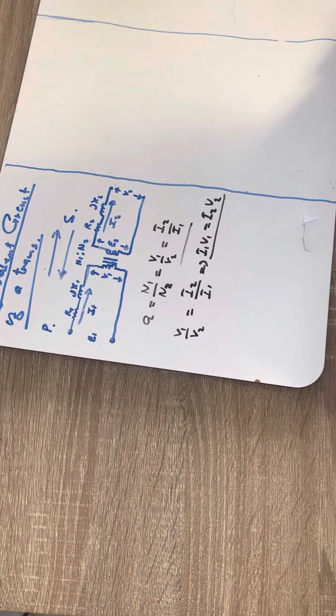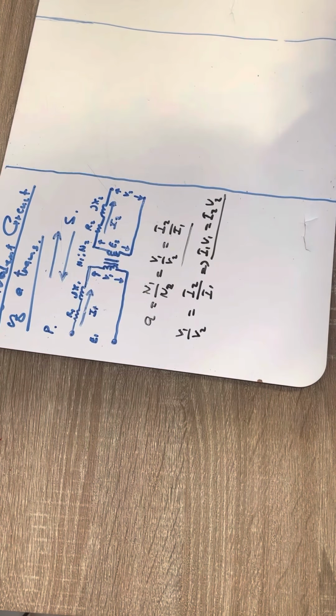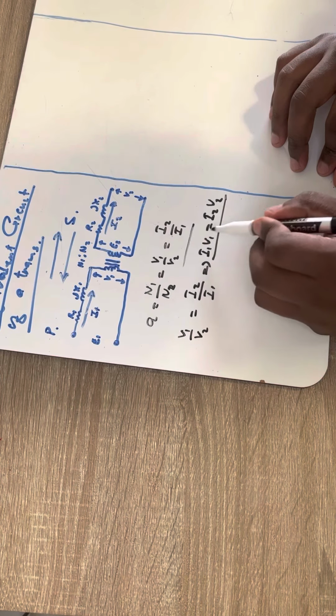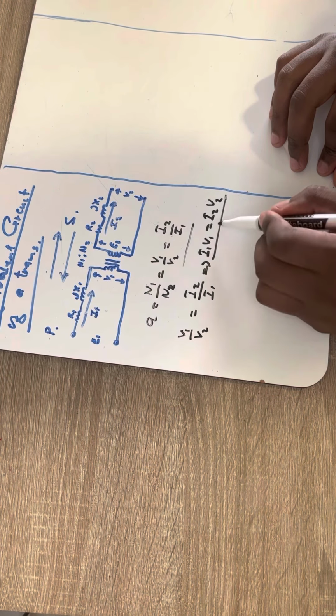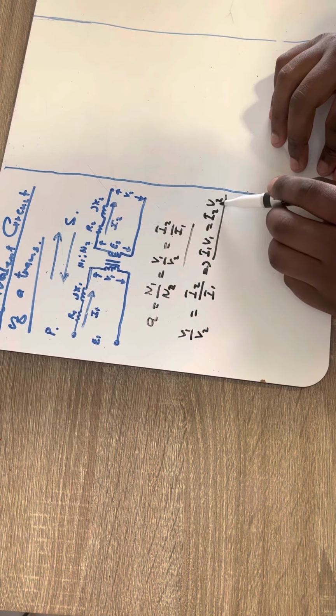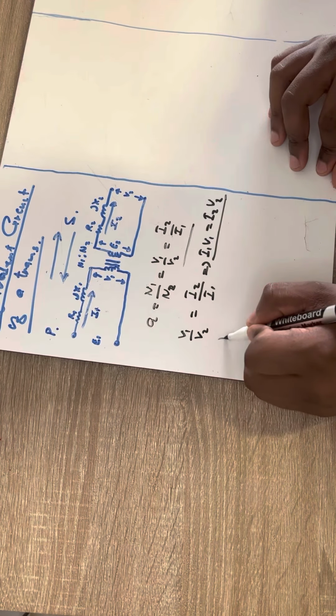But now we want to refer R1 to the secondary side and R2 to the primary side. So this means we need to change one of the two, either V or I. In this case, let's say we change V.